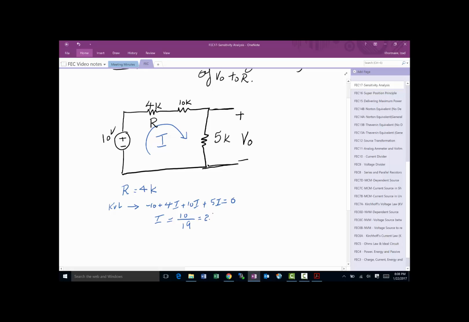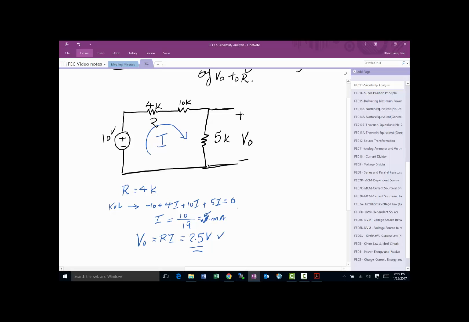That is about 0.5 milliamp. If that's 0.5 milliamp, then I can calculate V out as the resistance times the current, using the RI equation. It's 5K times that, so it's 2.5 volts, since 5K and milliamps multiplied give volts.